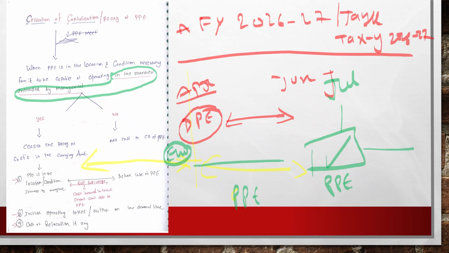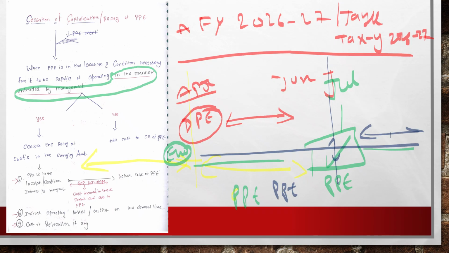That employee's cost till this July should be added to the PPE item, and after July you should add that employee cost to the employee cost, I mean salaries to salaries payable. The salary should transfer to PPE till July, because your intended PPE was constructed in July.